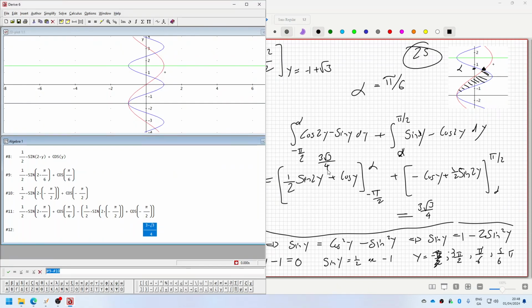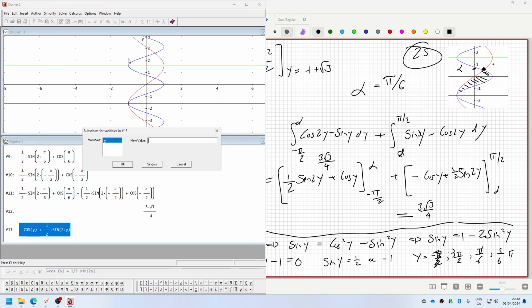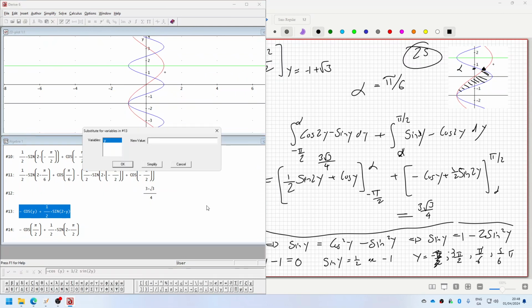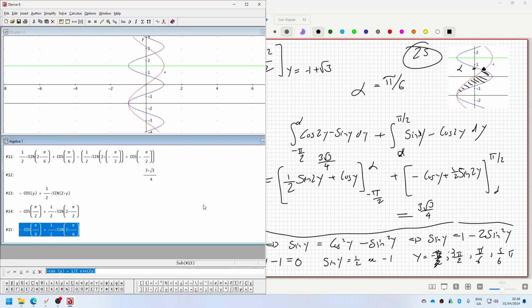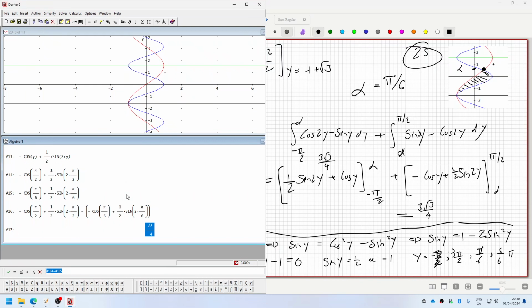Okay, let's check the next one. Minus cos y plus a half sine 2y. Okay, let's sub in pi over 2 and then sub in pi over 6 and then 14 minus 15. Root 3 over 4.